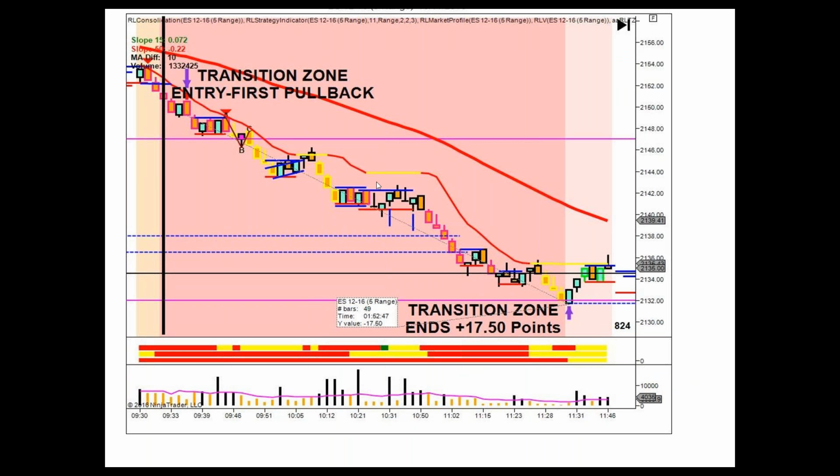Now, I wanted to give you a little bit of an understanding, and this is an actual transition zone trade. It's 17.5 points. What we do is, this is the transition zone algorithmic signal. The transition zone is that first candle that aligns the market to the downside on 3 time frames: your trading chart and your 2 higher time frames, with all the quant lines.